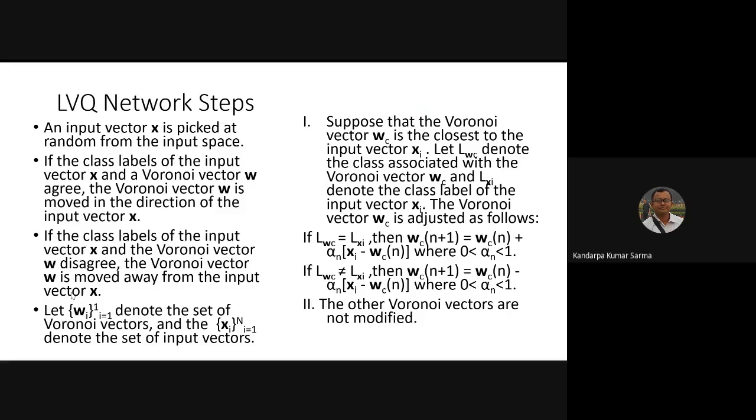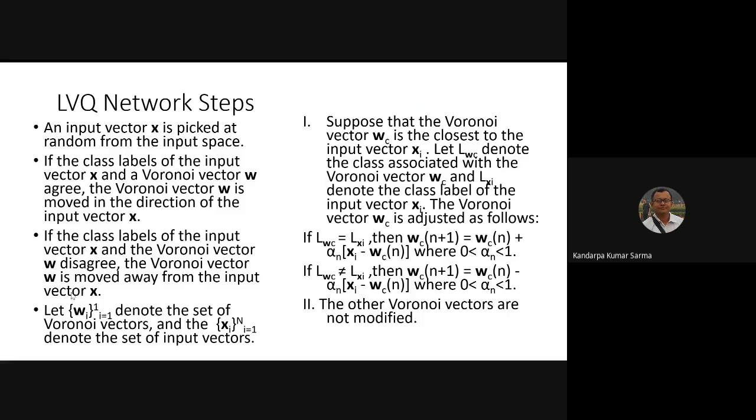Now let {w_j}, j = 1 to l, denote a set of Voronoi vectors, and let {x_i}, with dimension n, i = 1 to N, denote a set of input vectors.